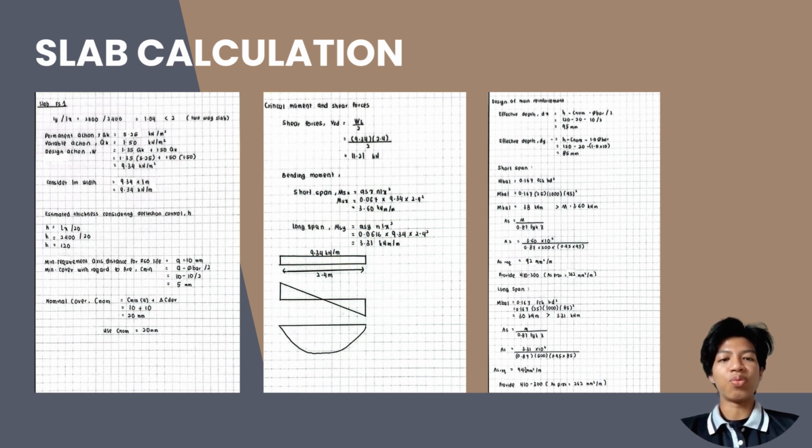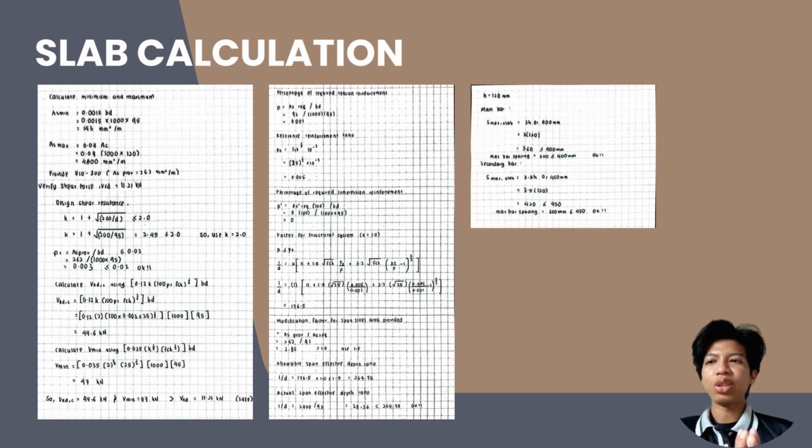Our new provided is H10 over 300, AS provided is 232 mm squared per meter. And then we need to calculate the minimum and maximum. Our AS minimum is 143 mm squared per meter, and our maximum AS is 5.8 mm squared per meter. The provided is H10 per 300, AS provided is 232 mm squared per meter.